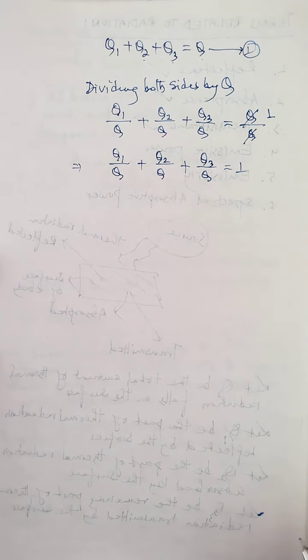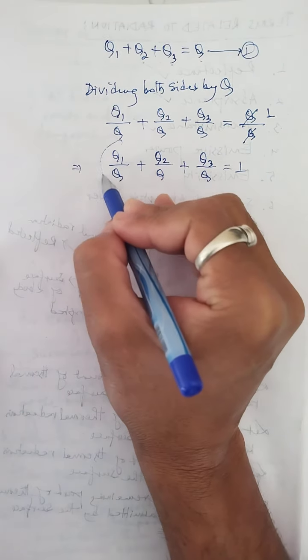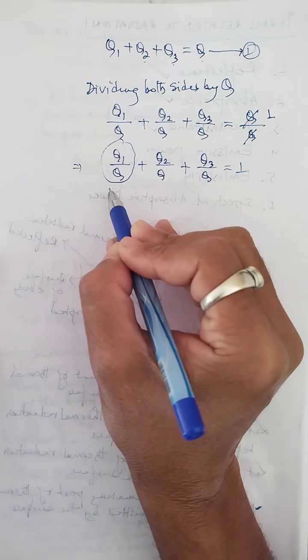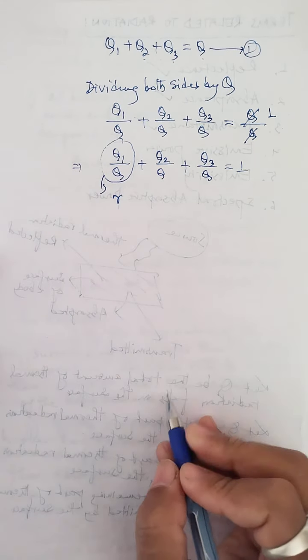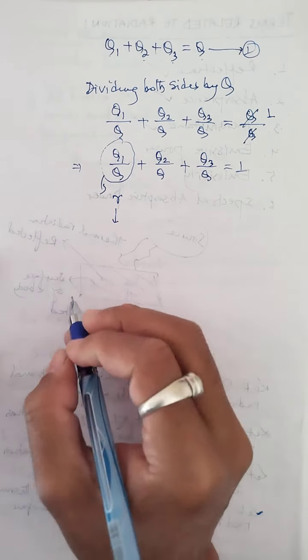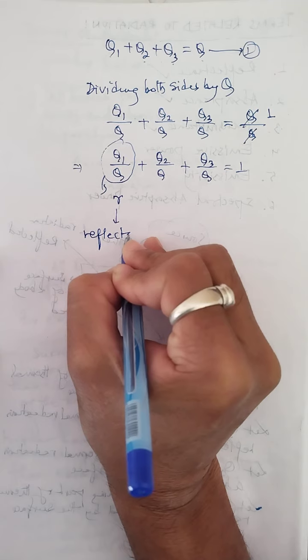Now in this relation on the left hand side, the first term, Q1 by Q, is replaced by the letter R, and this small letter R is called reflectance.